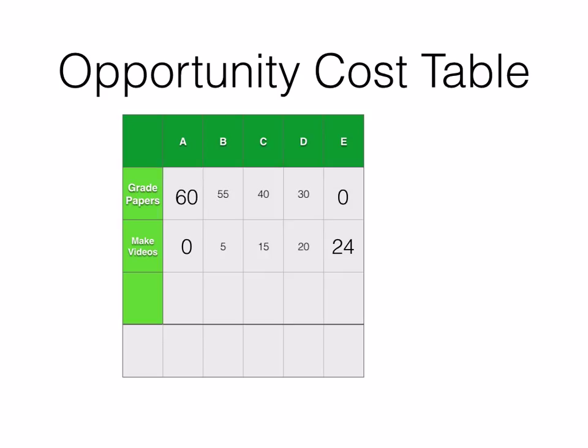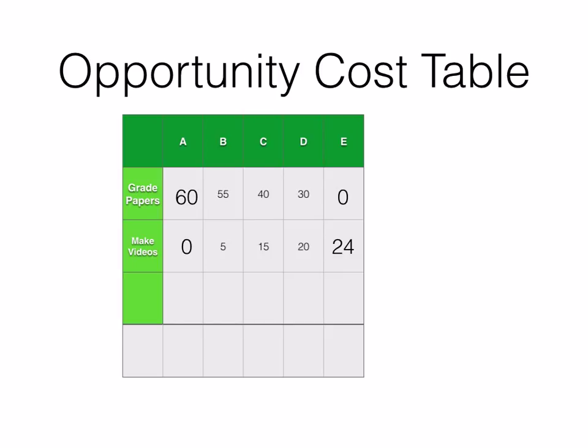Okay? But let's say I chose to make all videos. I'm like, okay, this is an all video kind of day. I can make 24 videos. Not grading any papers. You can't do both, right? You can't do all papers and all videos. It's going to be some sort of trade-off, and there's some sort of cost involved.